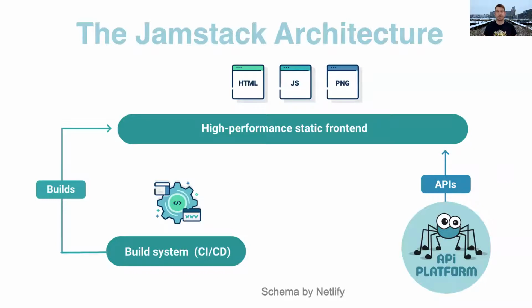So it will be composed only of HTML, JavaScript, and other static files, images and things like that. And actually, this website will be compiled and will be able to be stored in a CDN or things like that.